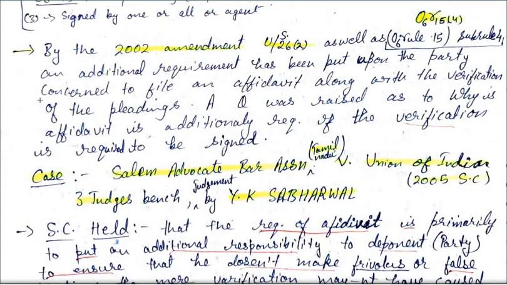ठीक, अब इसको थोड़ा सा लिख लें आप, राइट डाउन. By the 2002 amendment under section 26 clause 2 as well as order 6 rule 15 subrule 4, an additional requirement has been put upon the party concerned to file an affidavit along with the verification of the pleadings.